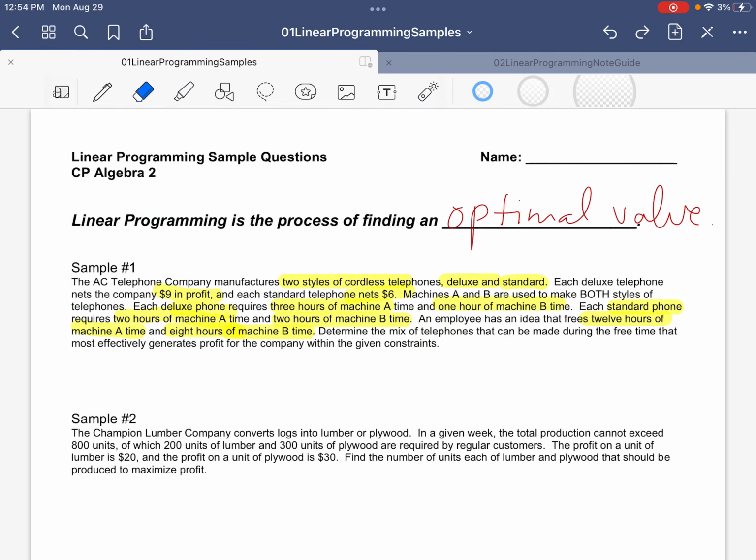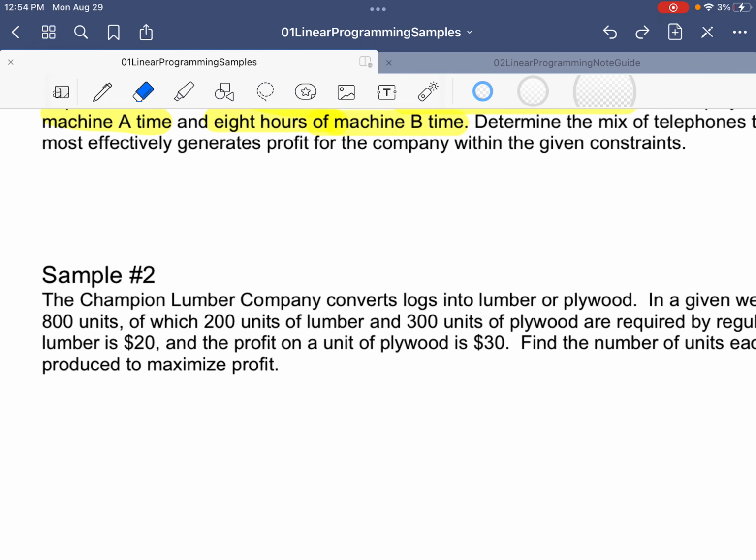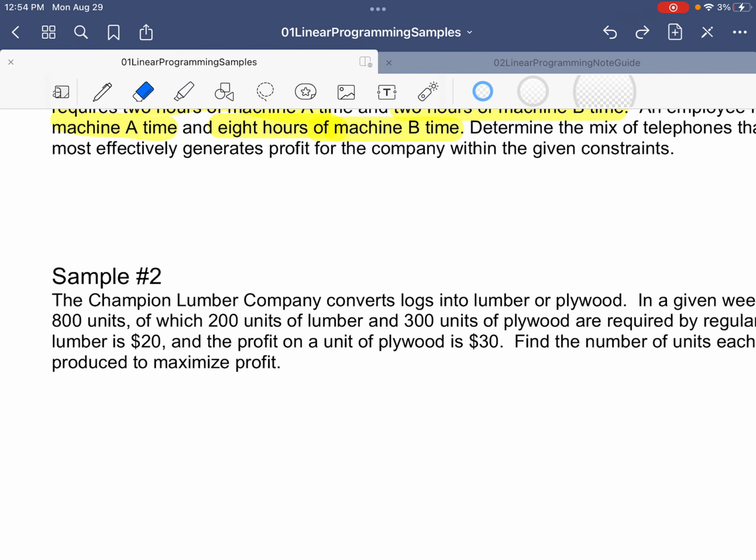Now, what I want you to do, partially for homework, is to try to set up the variables, the objective quantity, and the constraints for this lumber problem. Again, all I want you to do is set it up.